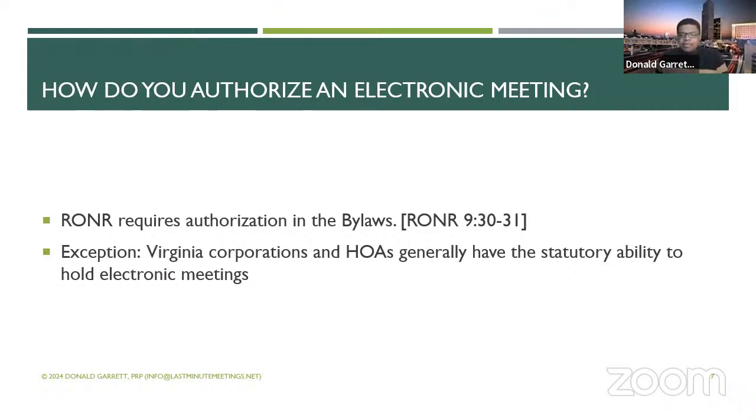The Condo Act, for example, states that unless your governing documents expressly provide otherwise, you can hold meetings electronically. Because state law supersedes what's in bylaws and Robert's Rules of Order, you follow state law first. So in Virginia, at least, if you're incorporated or an HOA or a condo association, you probably already have the authorization that you need. But if you're ever serving those clients, remember we're parliamentarians, not lawyers. Those groups probably have general counsel you can run things past to get their opinion.